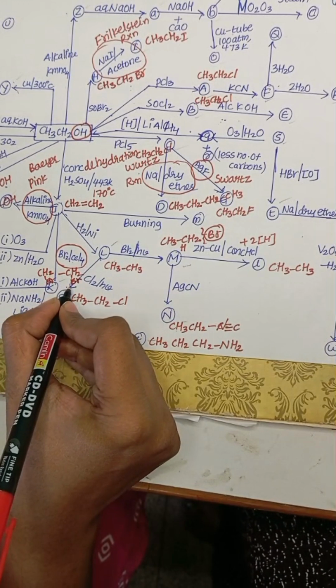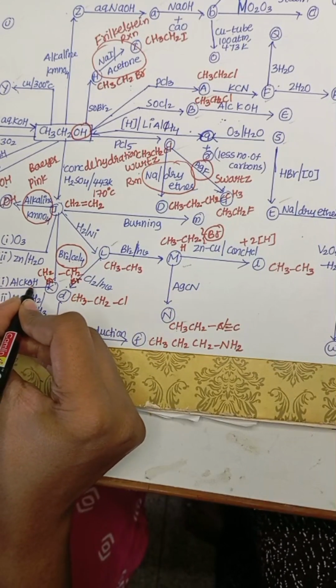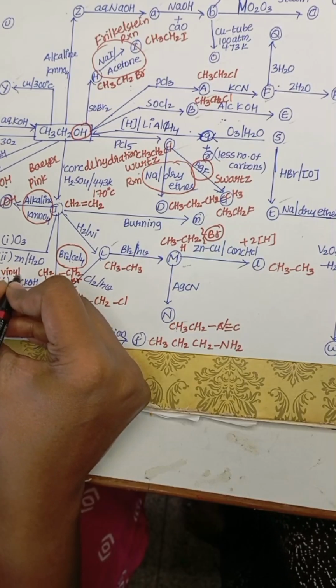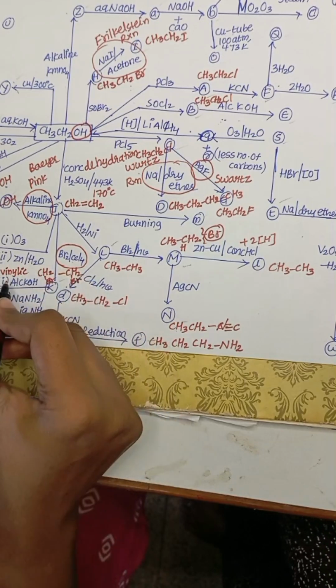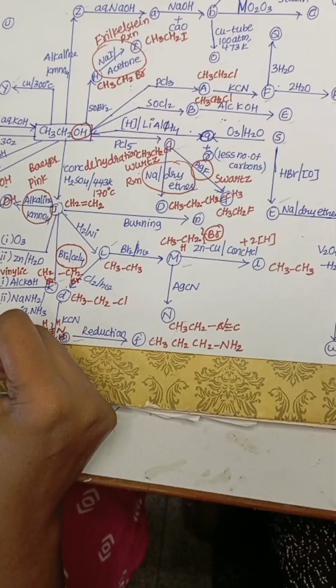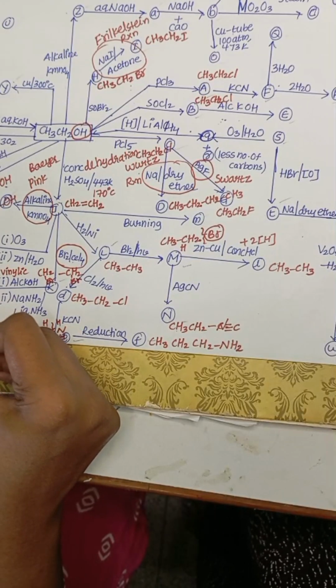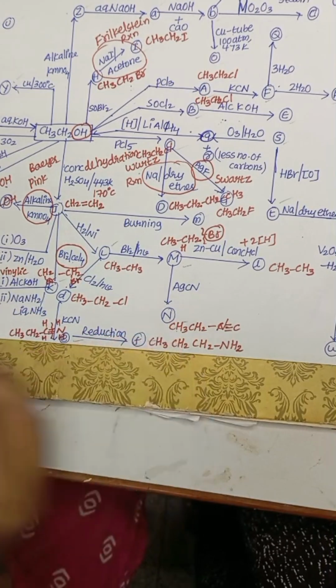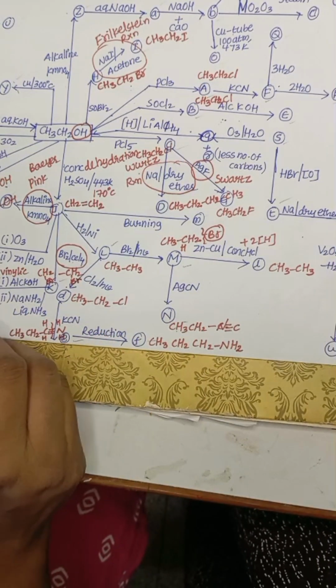These vicinal dibromides are treated with alcoholic KOH, and we will get vinylic halides. Vinylic halides are further treated with liquid ammonia, and they give you an unsaturated hydrocarbon with a triple bond called acetylene.